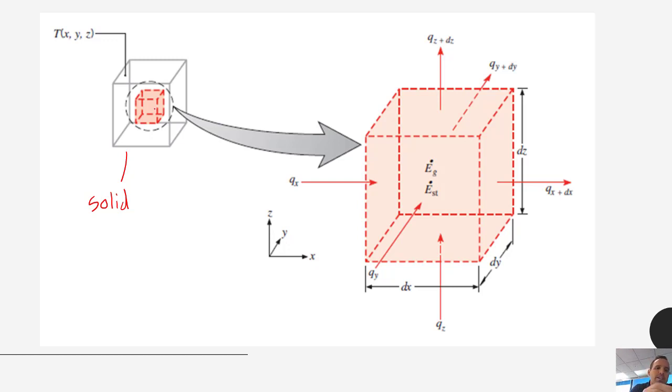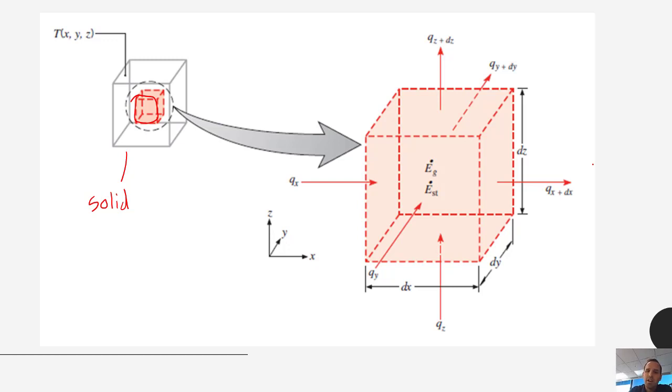What we're going to do is take this small cube and consider that to be our control volume. And if we blow that up, it's going to look something like this. Rather than just doing a really simple algebraic energy balance, we're actually going to have energy coming in different directions. We're going to consider each face of this cube separately.